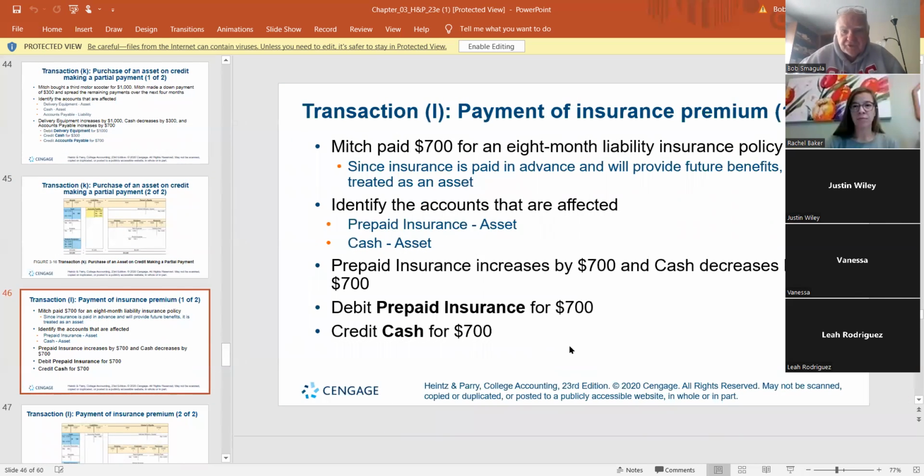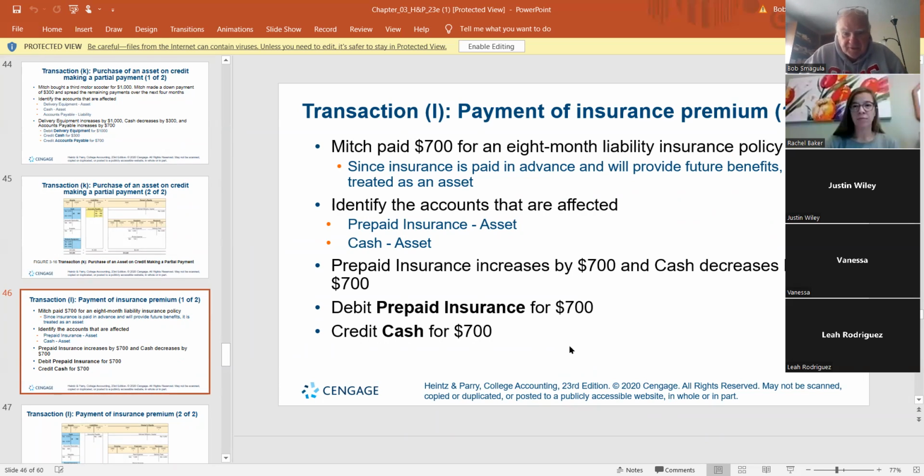We got to buy insurance. By definition, whenever you buy an insurance policy, you're buying an asset. An insurance policy does not become an expense until we receive the benefit of it. So in this case, Mitchell paid $700 for an insurance policy.